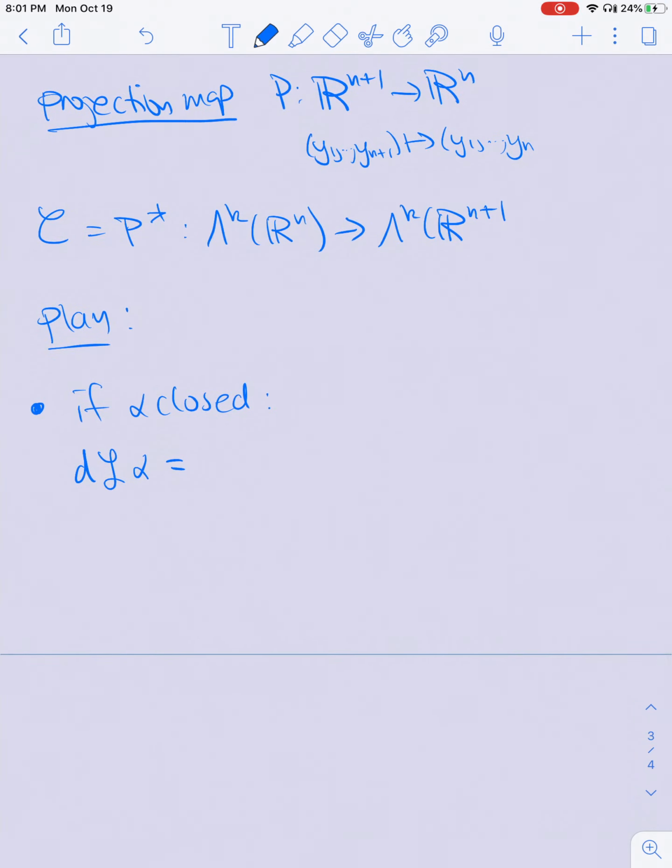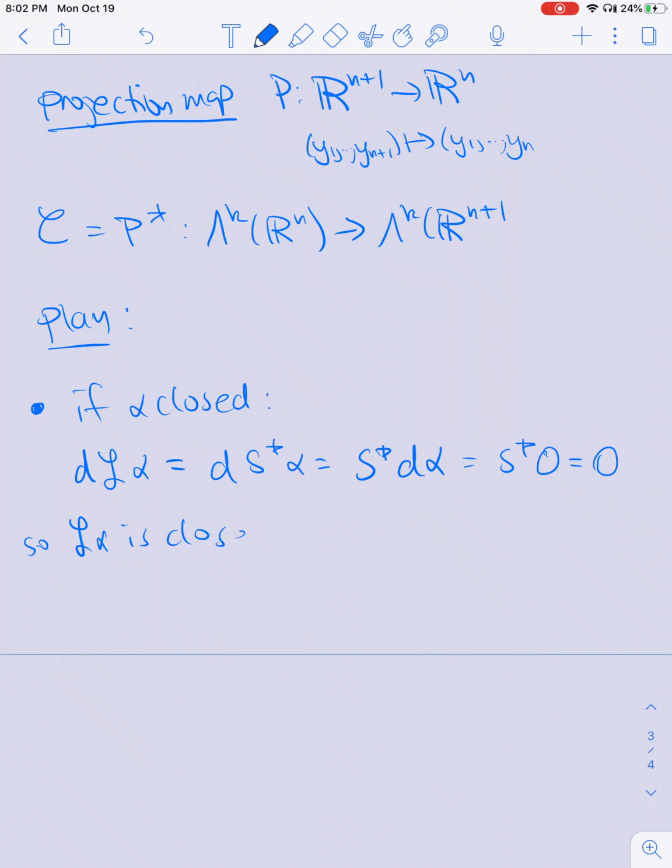So d of L alpha is d of S pullback alpha. Because pullback and exterior differentiation commute, this is S pullback d alpha. But because alpha is closed, this is just 0. I can spell it out: it's S pullback of 0, which is 0. So this means that L alpha is closed.